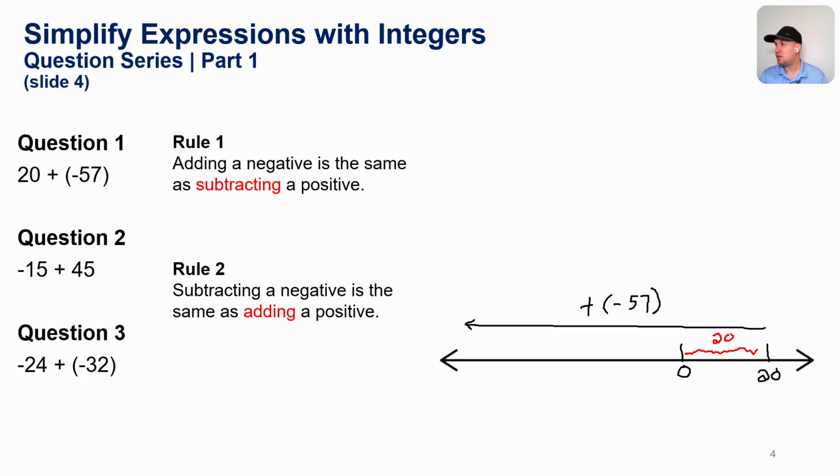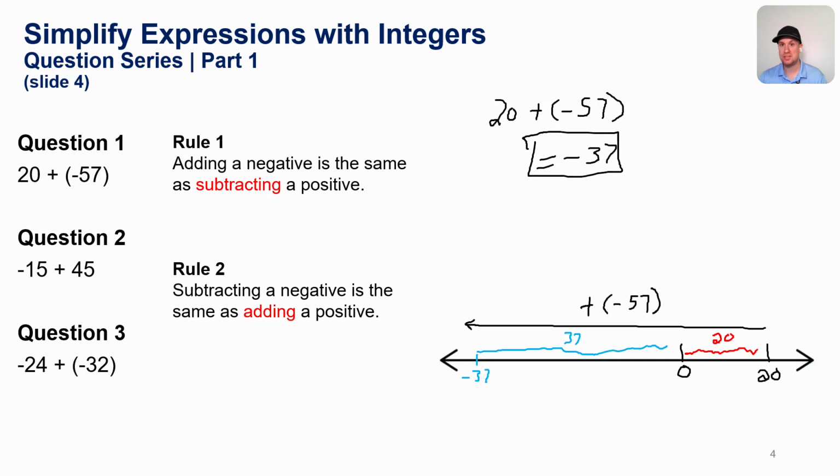Well, how many dollars do I have left over from the 57? So I spent 57 in total. For me to go from 20 to 0 is 20. Well, this basically means I go back another $37, right? So where I end up here then is at a -37. So in other words, if I was to rewrite this, 20 plus a -57, and my answer becomes equal to -$37 here. So that is question number 1.